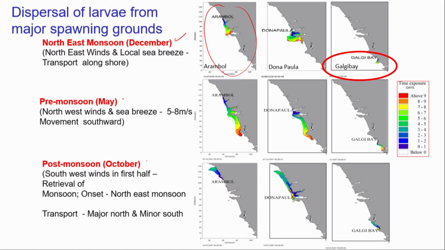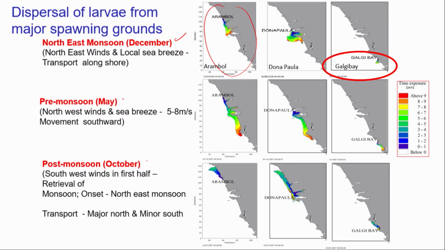For example, during the northeast monsoon, the transport is along shore. During pre-monsoon, the movement is southward, and during post-monsoon there is a difference. There are southwest winds in the first half, retrieval of the monsoon, and then transport. During the onset of the northeast monsoon, it is major north and minor south.